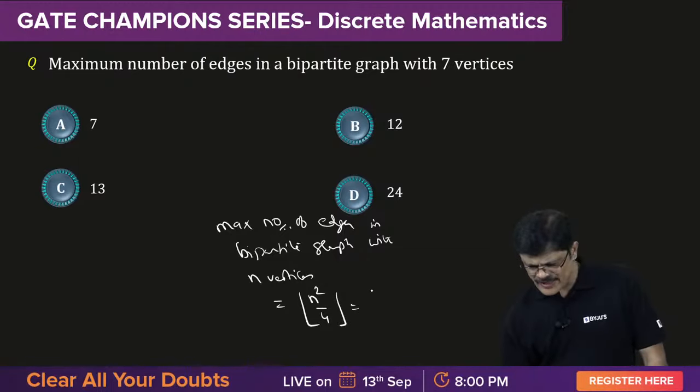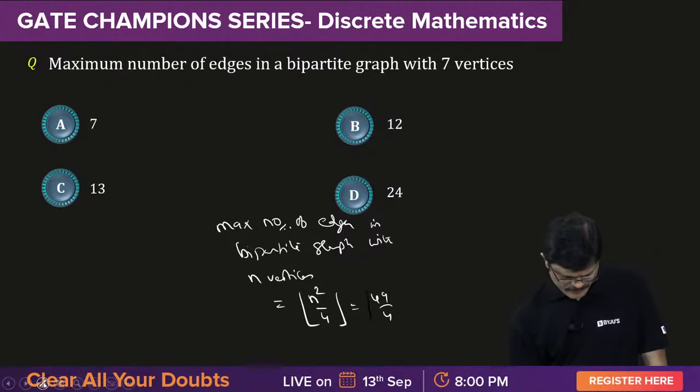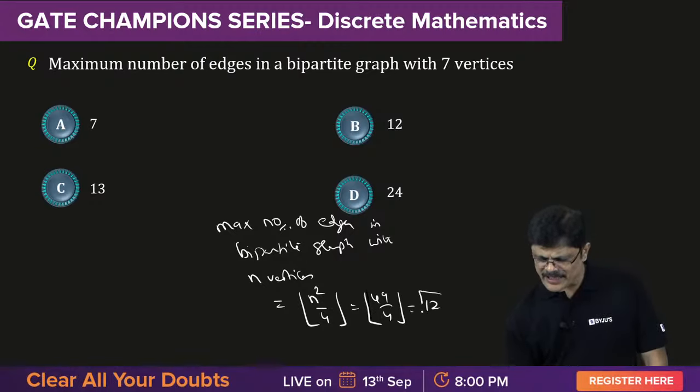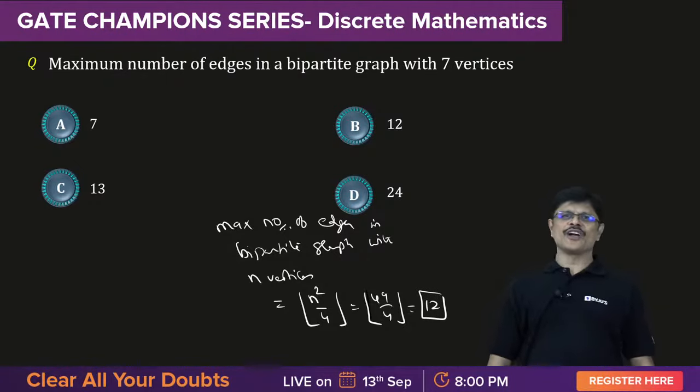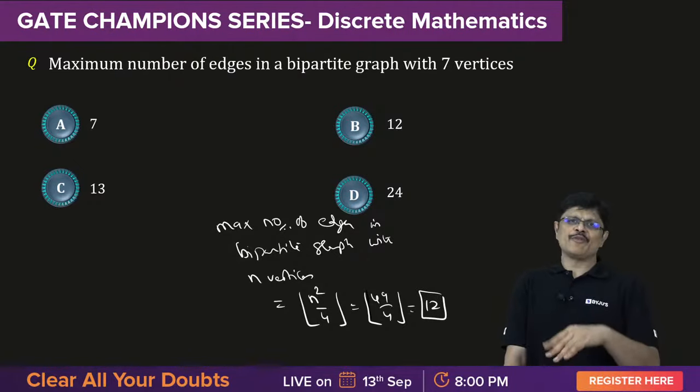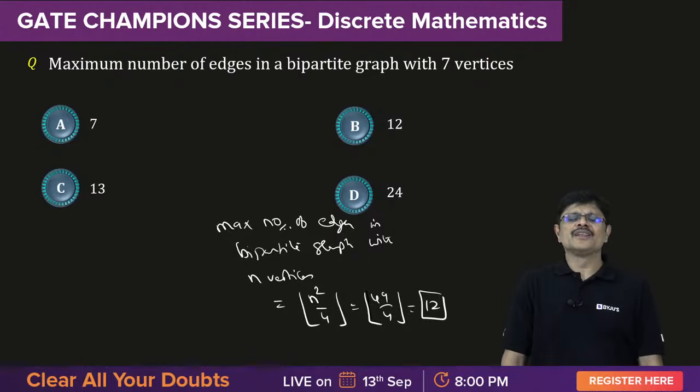N square means what, sir? 7 square is 49, by 4 is 12 point something, that is 12. Here it is not n by 2, n by 2; 3 on one side and 4 on the other side will give you the maximum number. 3 into 4 is the answer, that is 12 is the maximum. Floor, yeah, floor of n square by 4.